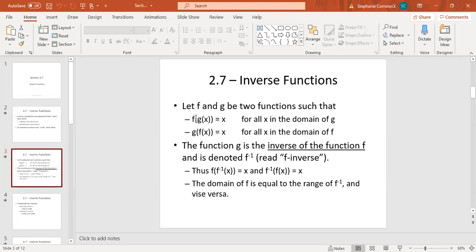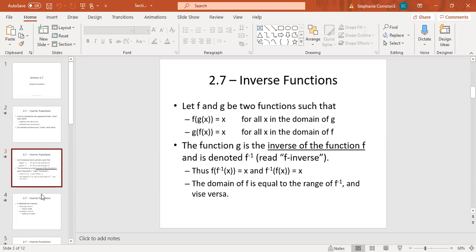So instead of writing f and g here, we have f inverse, and g of f is f inverse of f. We're going to see this more in just a second. The other thing to note is that the domain and range flip-flop. Whatever the domain was for f is the range for the inverse, and whatever the range was for f is now the domain for the inverse, and that will come in handy in just a minute.